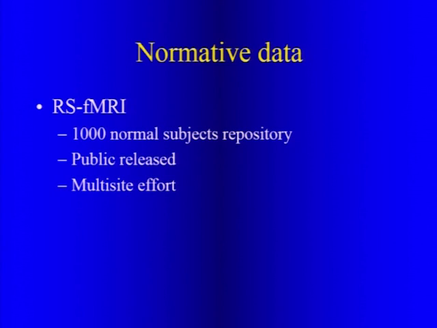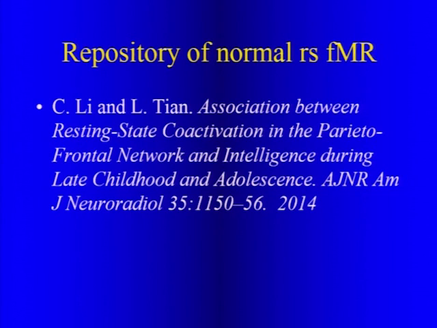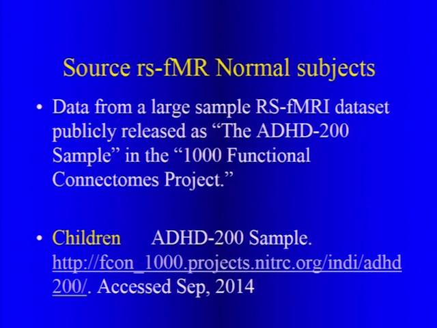Now, like I said, you need normative data, and fortunately, the Chinese have helped us. They have put online 1,000 patients that they've looked at with this resting state. It's released. It was recently in an article in AJNR, and in fact, they have a cohort of children as well.